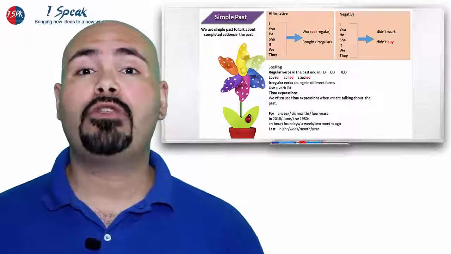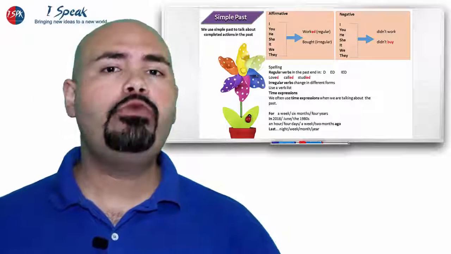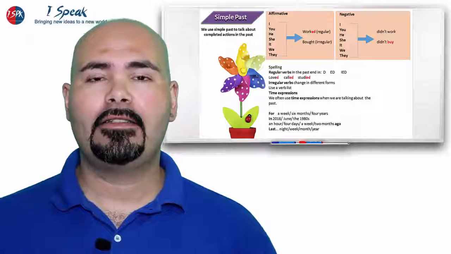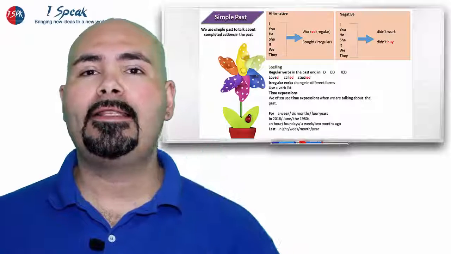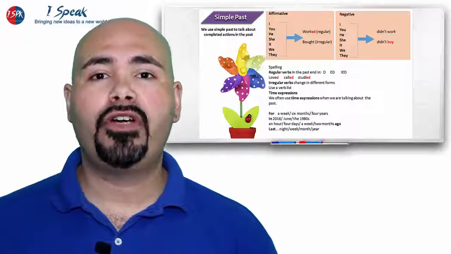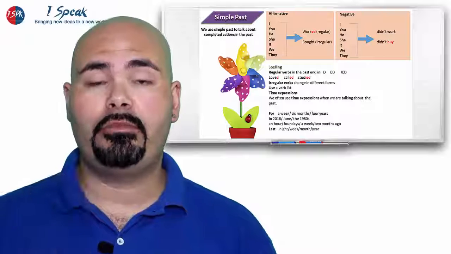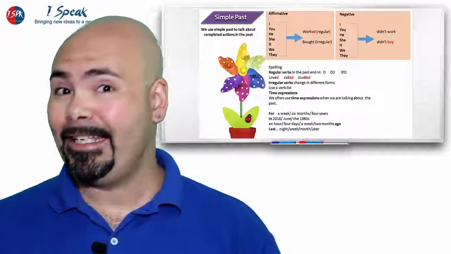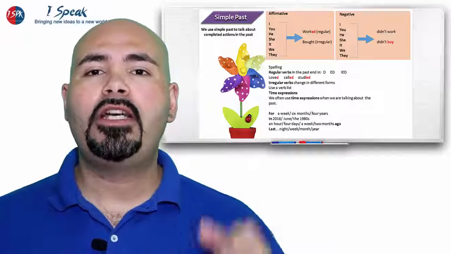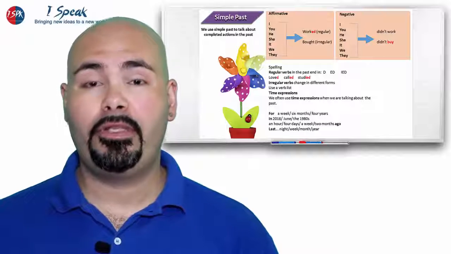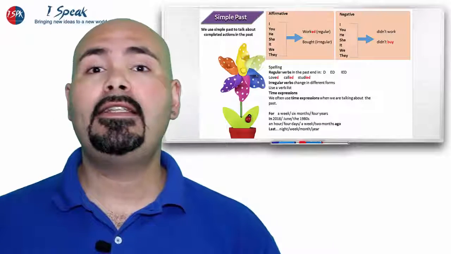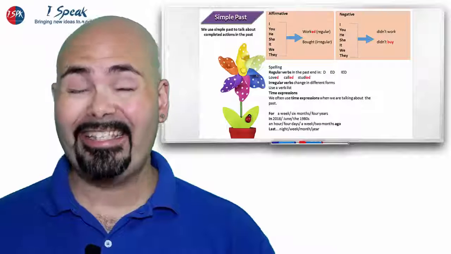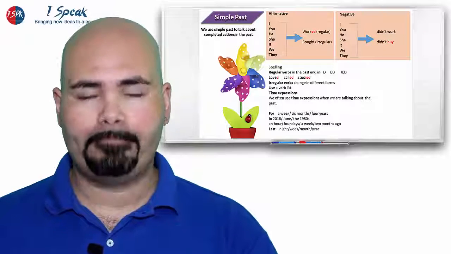When you're talking about negative sentences, you will need an auxiliary verb, that's didn't. So you use the subject, the auxiliary verb didn't, and the verb. But remember, when you are using a negative sentence, the verb comes in the infinitive form. Don't use it in the past form, because the auxiliary verb already says that verb is in the past, okay?